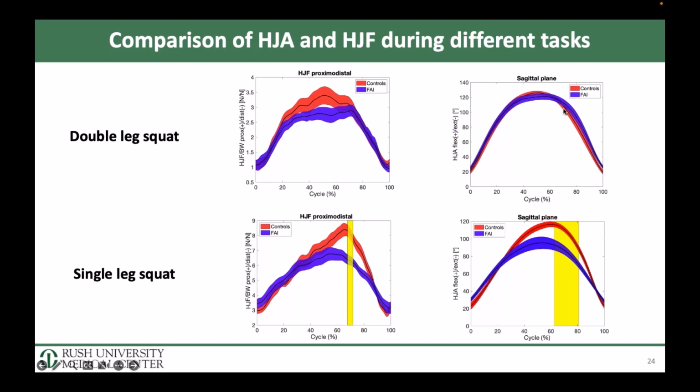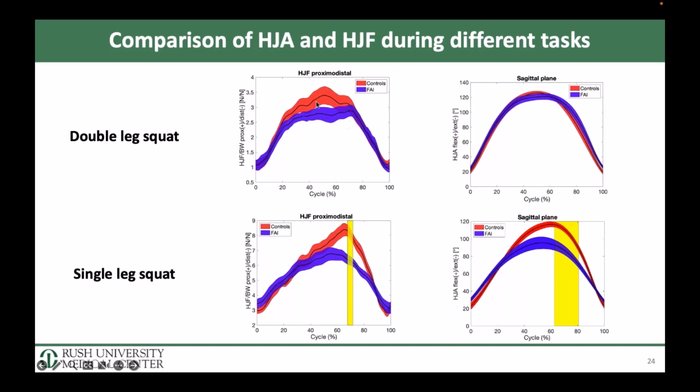And I would say that the overall shape of the curve is pretty similar, and this can be explained by the fact that there are lower forces here in double leg squat, and so the patients do not have to perform squats that are less deep with respect to controls, because they are able to withstand such forces. Then, of course, the impingement can anyway play some kind of role in this for these patients.